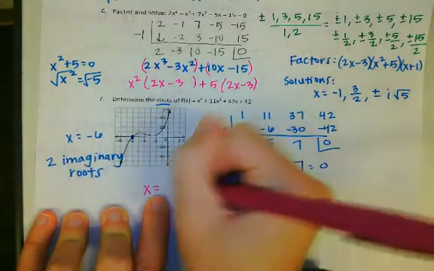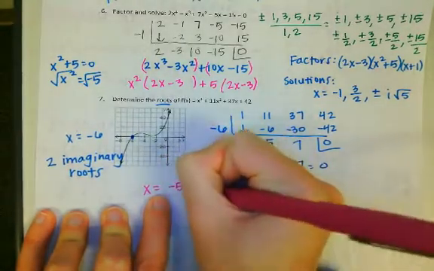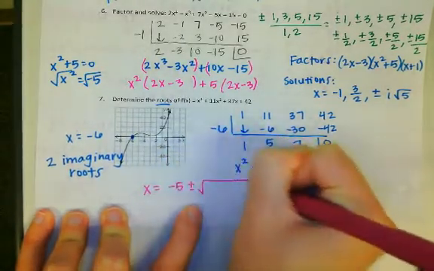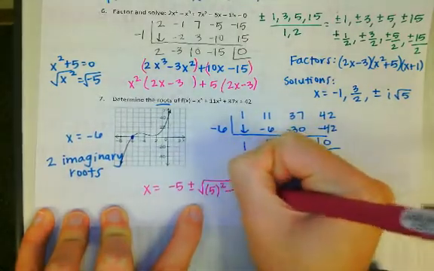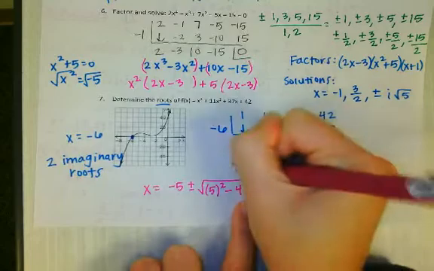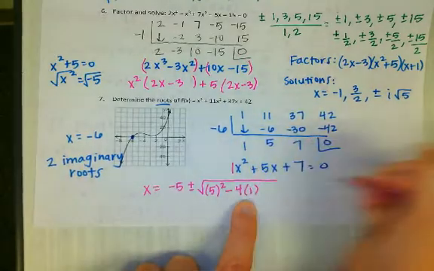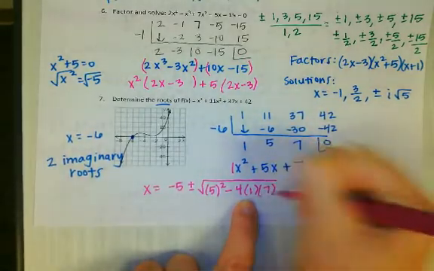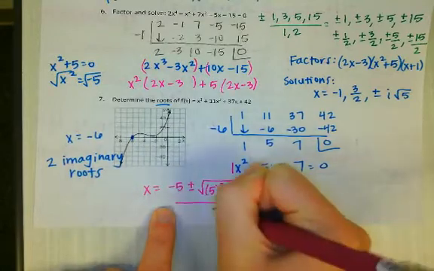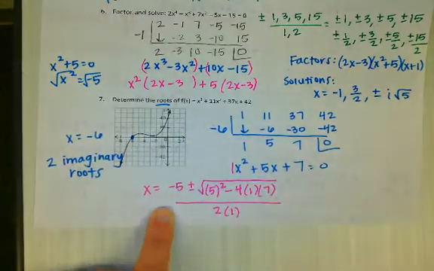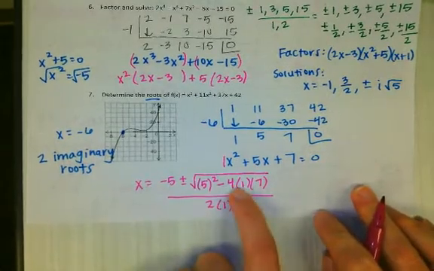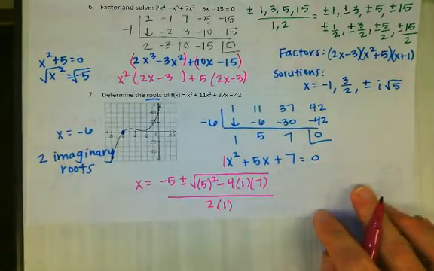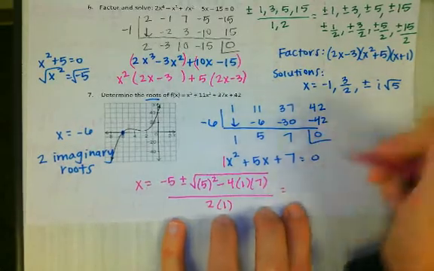Okay, x equals opposite b, negative 5, plus or minus the square root of b squared minus 4 times a, which is 1, times c, 7, all over 2 times a. We know that we should get a negative under the square root because it's an imaginary solution.